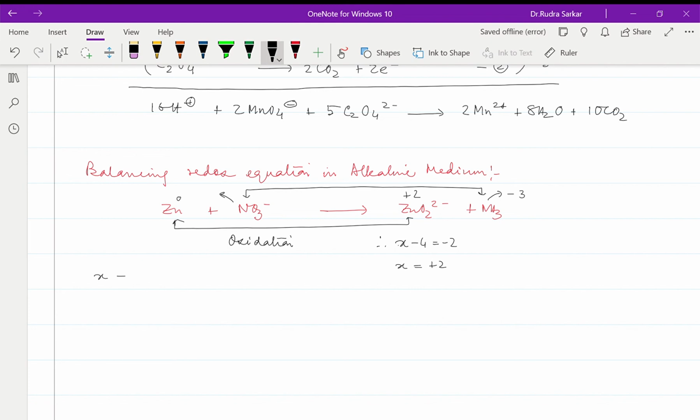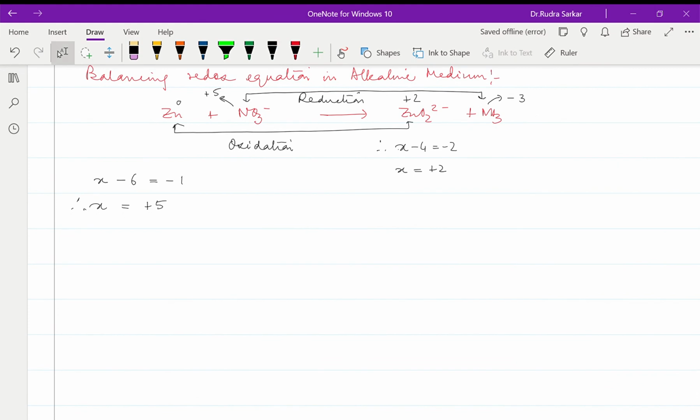X, for oxygen it is minus 2. So 3 into minus 2 is minus 6, equal to minus 1. So therefore, it will be plus 5. So out here this is plus 5. So from plus 5 to minus 3 is basically reduction by 8 electrons. So this is my reduction half cycle.